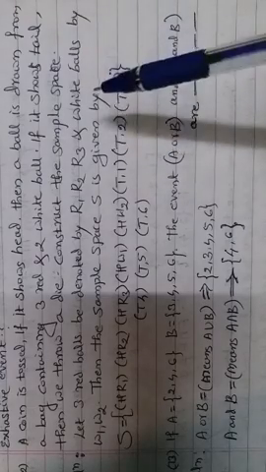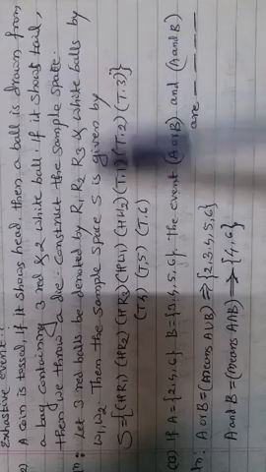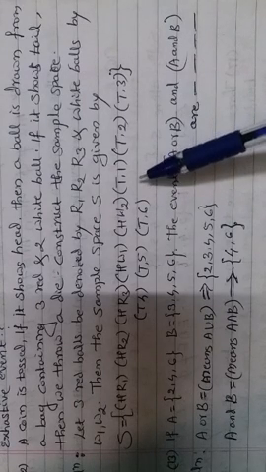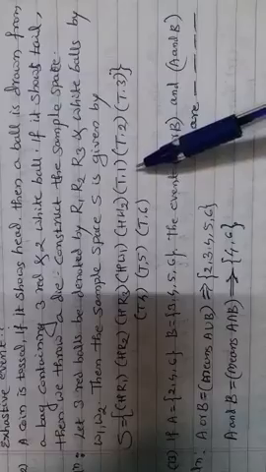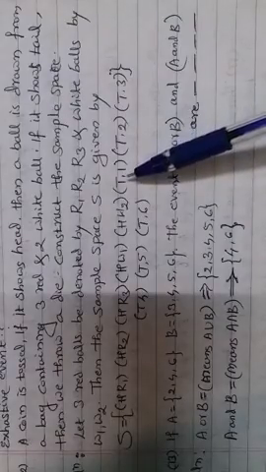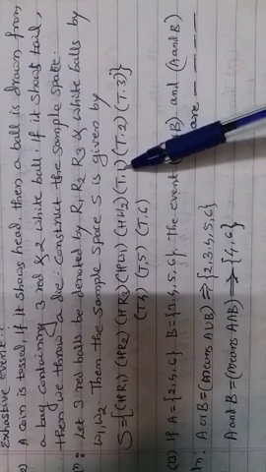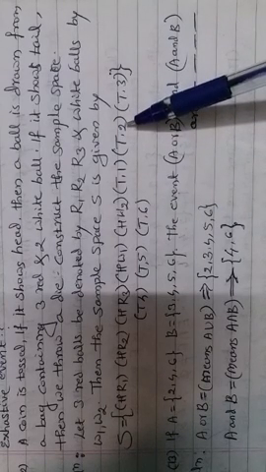Again, in the next sentence he mentioned, if it shows tail, then we throw a die. Whenever tail appears, the die is associated with it, and a die has 6 numbers. First time tail appears, 1 appears from the dice. Second time, 2.